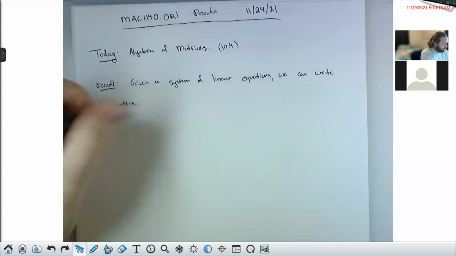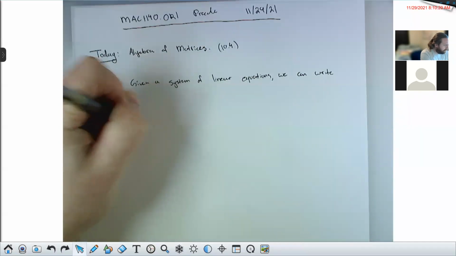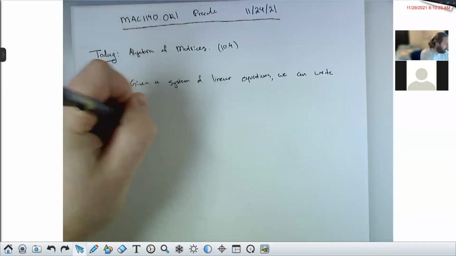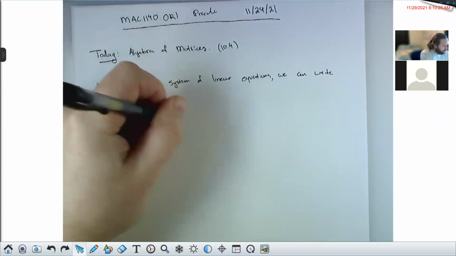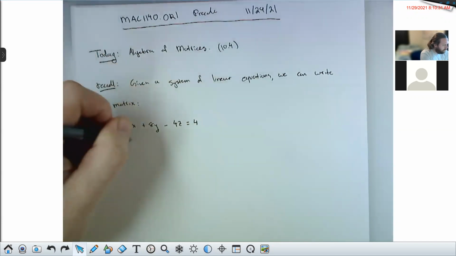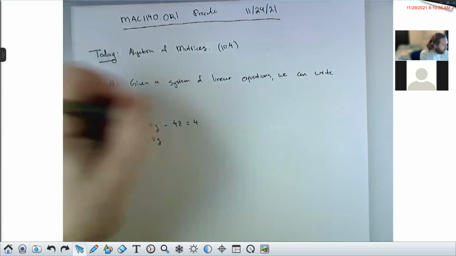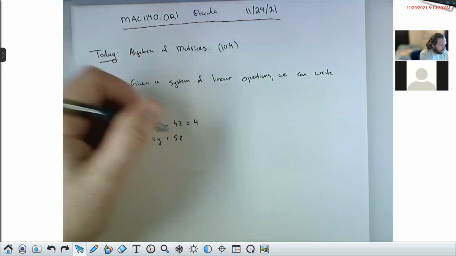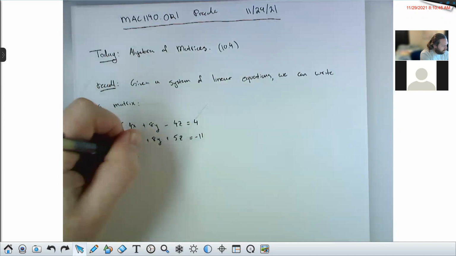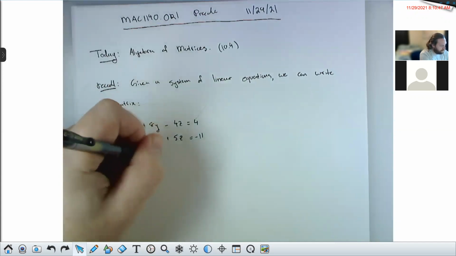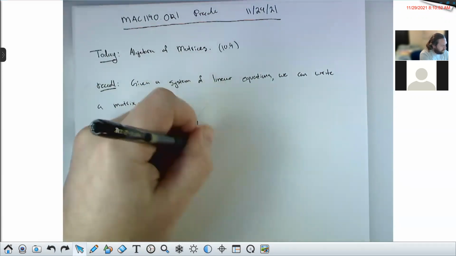For example, I could take the system 4x plus 8y minus 4z equals 4, 3x plus 8y plus 5z equals negative 11, and negative 2x plus y plus 12z equals negative 17.